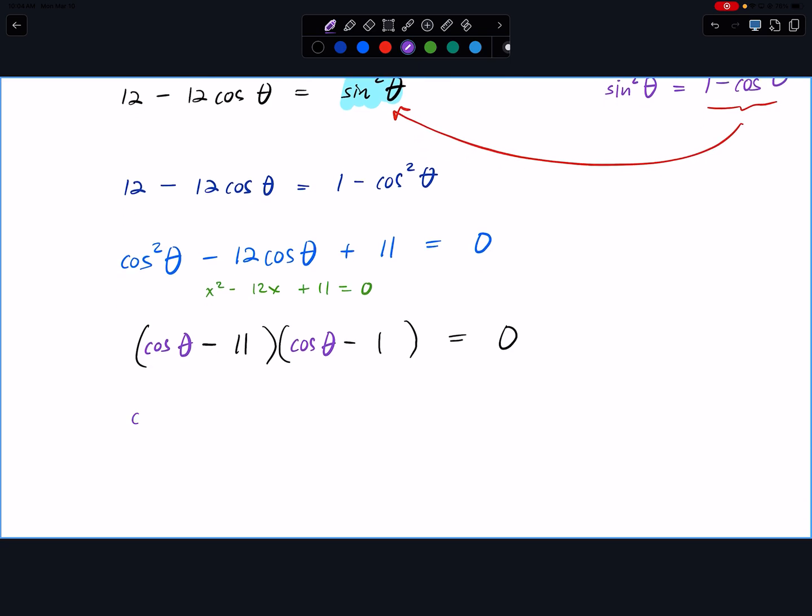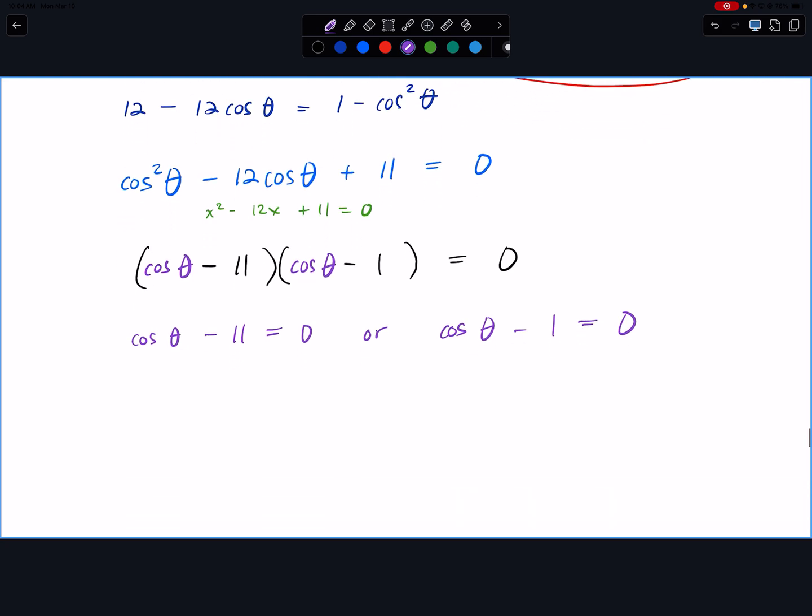So it means cosine of theta minus 11 equals 0, or cosine of theta minus 1 is equal to 0. Wow. So cosine of theta is equal to 11.